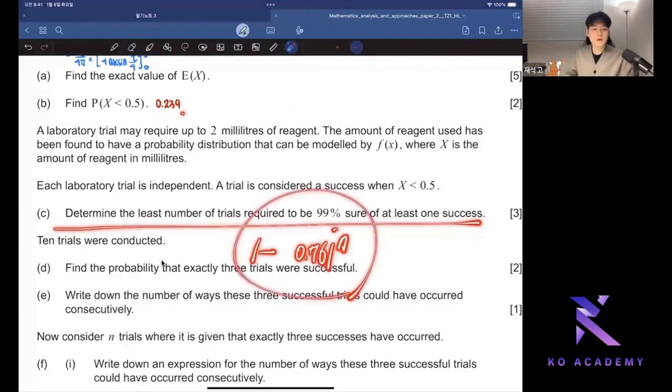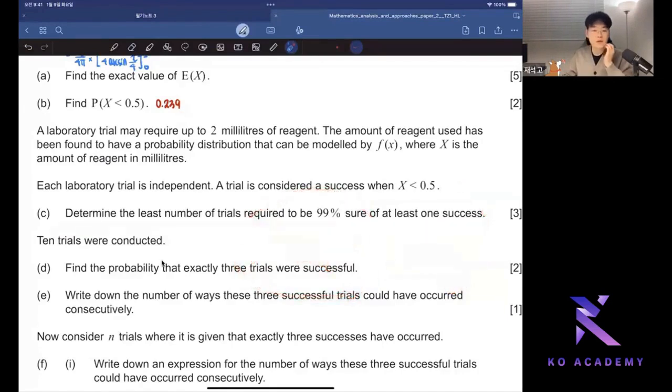If we've tried n times, we set up the equation that this probability is greater than or equal to 0.99, and then we find the value of n. This is a situation that has come up multiple times in a different form, a problem we've seen before. Is this okay?